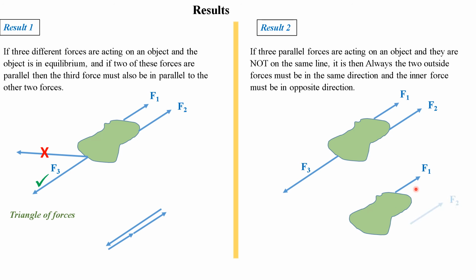For example, this is a wrong one. There is no way this can be an equilibrium, because this one is outside the two, not the inside one. So this is wrong and this is the right one.